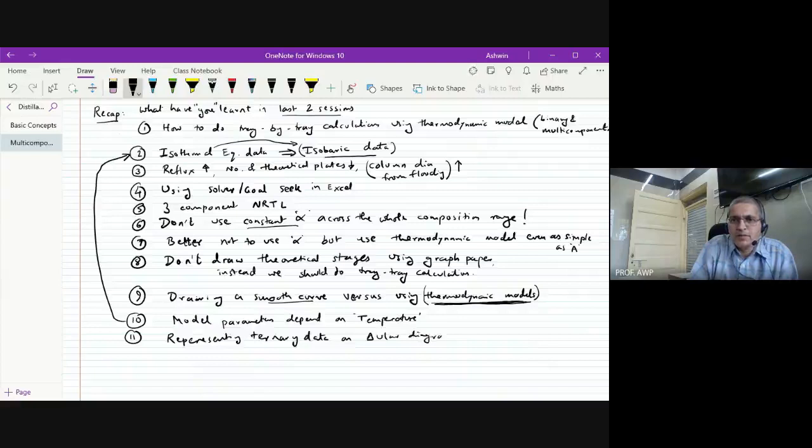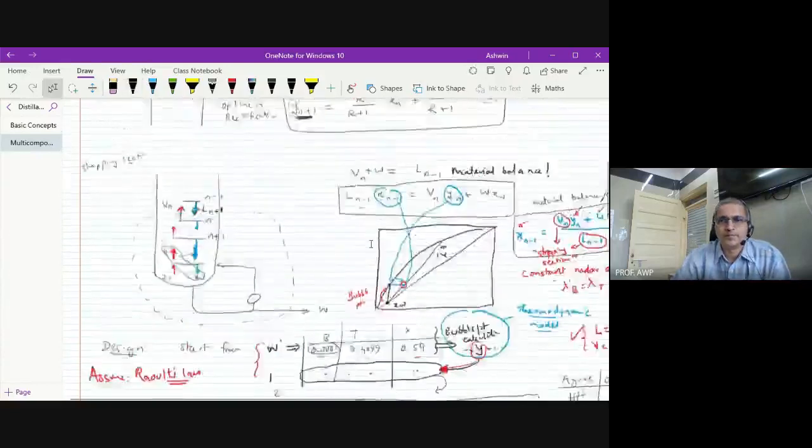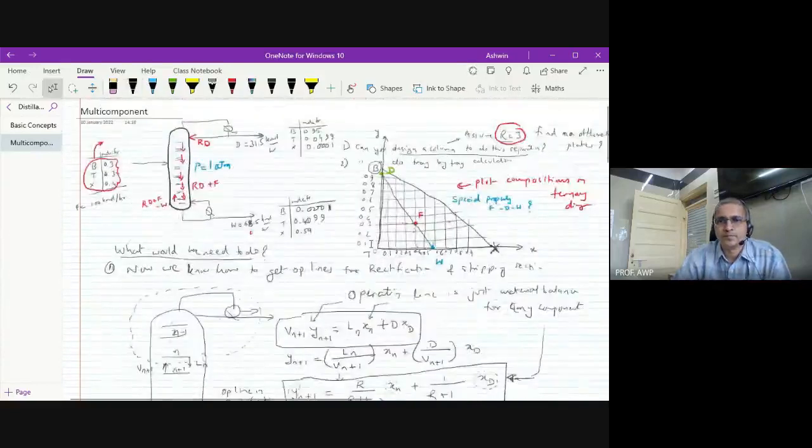Maybe equilateral, maybe rectangular. That's okay. One more thing we learned related to these triangular diagrams. Do you remember? Somebody say something.